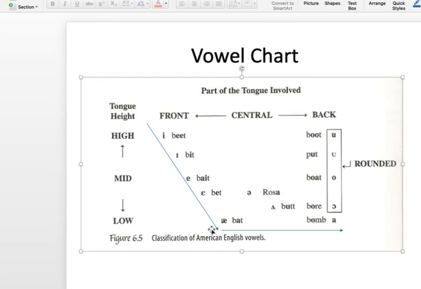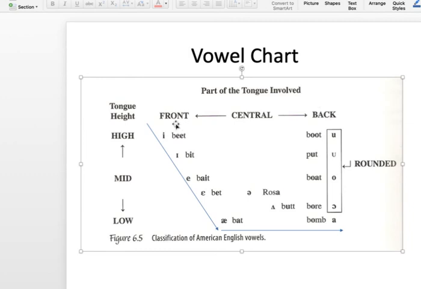And when you say bait or bet, actually it is mid, near mid or mid. So what we could understand so far is that this diagram, or vowel chart, represents the oral cavity of your mouth, where your tongue can move, because it is mainly the tongue we are talking about.